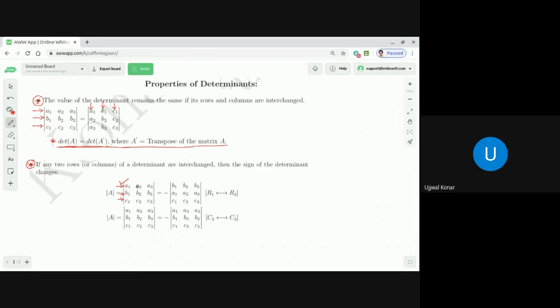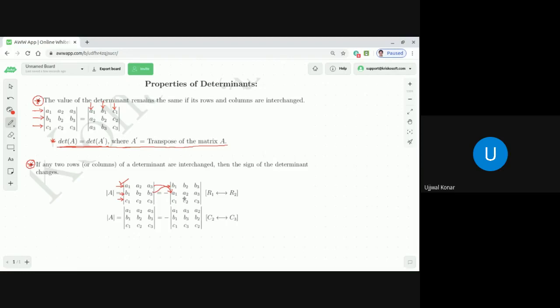So row 1, A1, A2, A3, becomes the second row of the right-hand side determinant, and B1, B2, B3, the second row in the left-hand side determinant, becomes the first row in the right-hand side determinant. If we do this, the value will be negated.